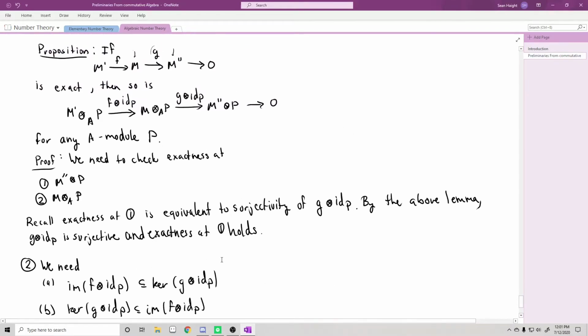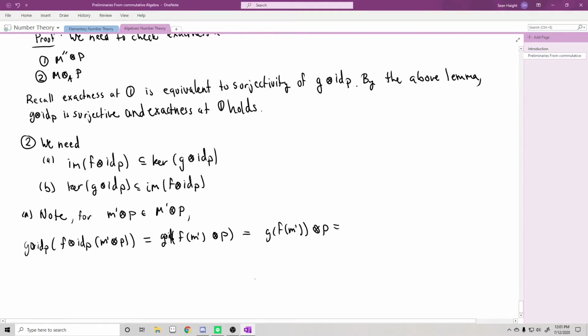Since this initial sequence was exact, the image of F is contained in the kernel of G, so this has to be 0 tensor P, which in the tensor product is one way of writing the 0 element. There are two facts I'm using here.